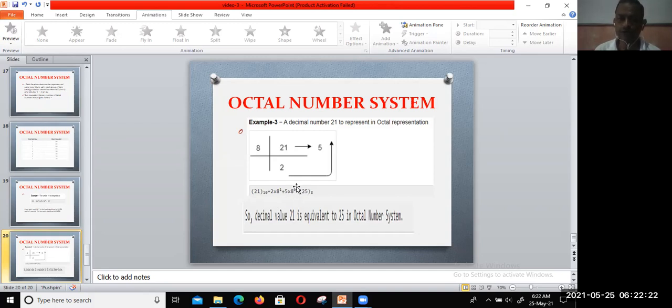Solve it: 8 to the power 0 is 1, into 5 that is 5, plus 2 into 8 to the power 1, that is 16. 16 plus 5, that is 21. And how can we write it in octal? From the bottom to top, 2 then 5, write down 25, and the base is 8 because it is octal.